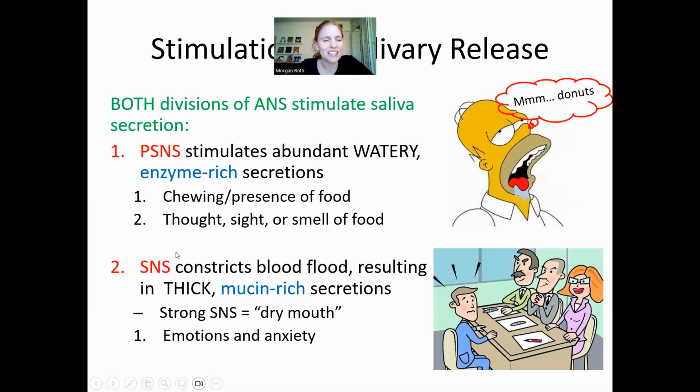That is because of the sympathetic nervous system causing your body to secrete very thick, mucin-rich saliva. So again, both are saying release saliva. What changes is what's in that saliva, depending on the needs. So parasympathetic nervous system, donuts. Sympathetic nervous system, a job interview.